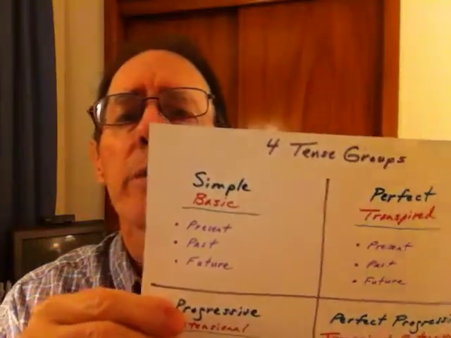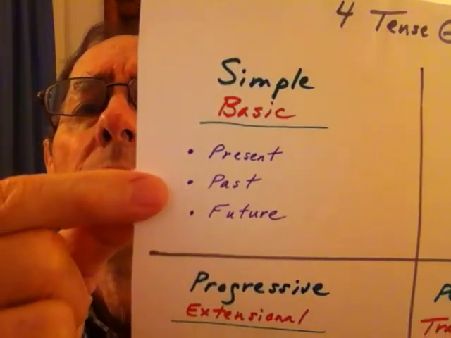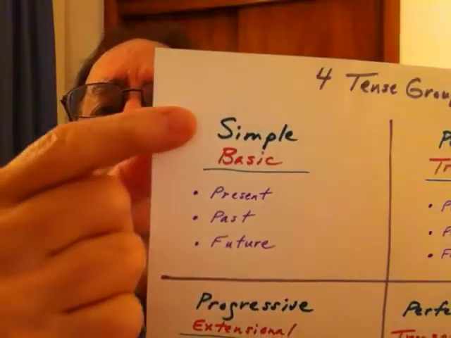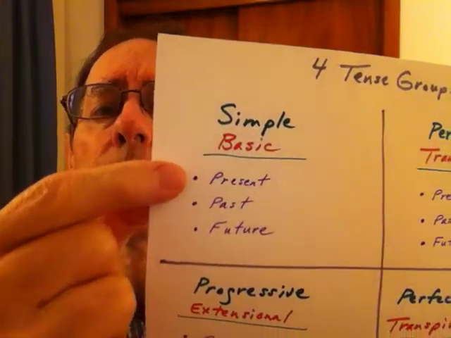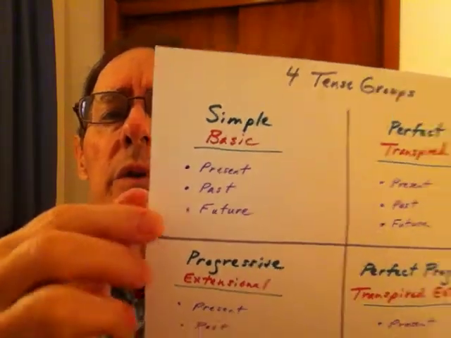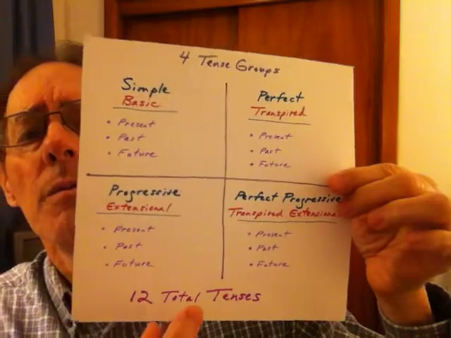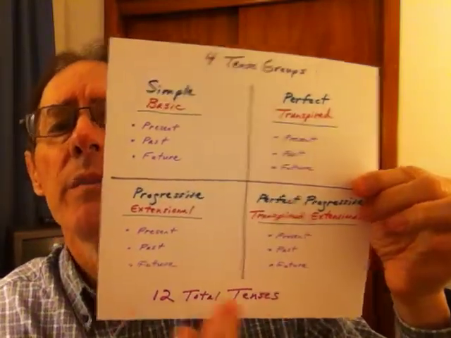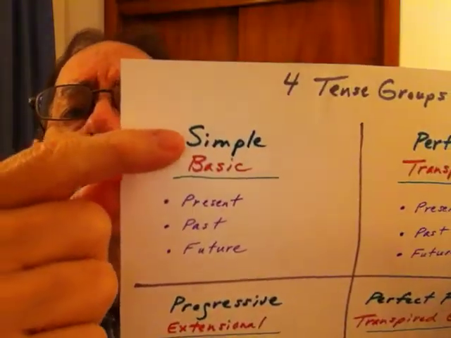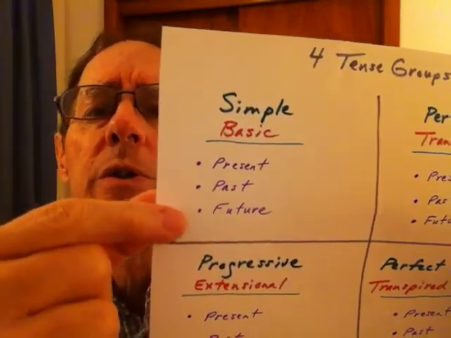But in each group, you have three subgroups. In your simple tense, you'll have your simple present, your simple past, and your simple future. So you have four basic tense groups, but in total, you'll have 12 tenses, because each one has three different features, and I call them action time designators.